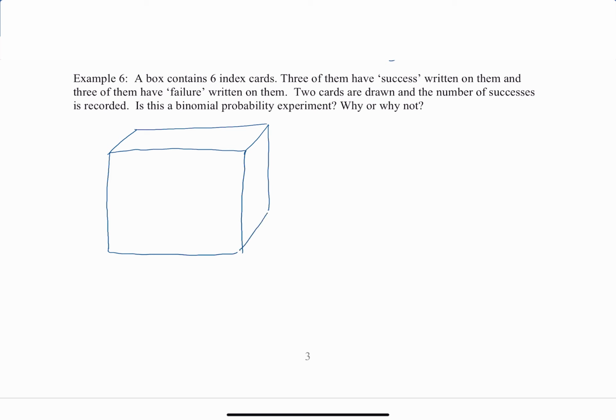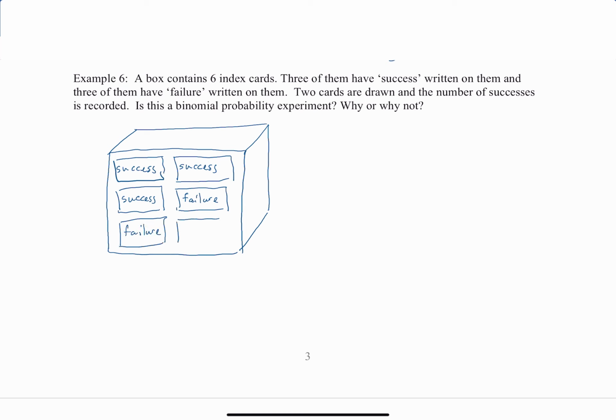Three of the cards have success written on them, and 3 of the cards have failure written on them. Two cards are drawn, and the number of successes is recorded.